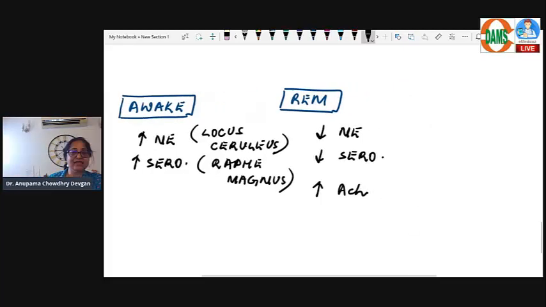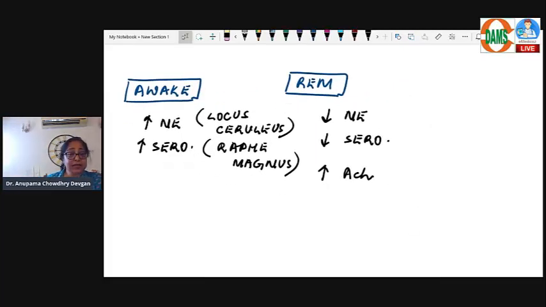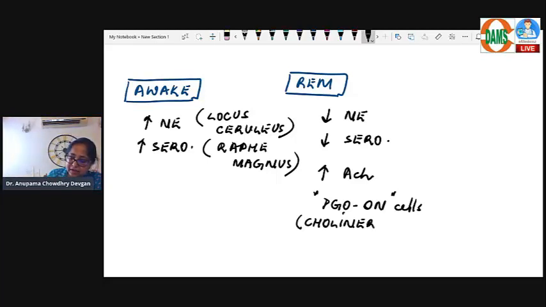Why increase in acetylcholine? The reason is in REM sleep, there is something called PGO on cells, and these are cholinergic.